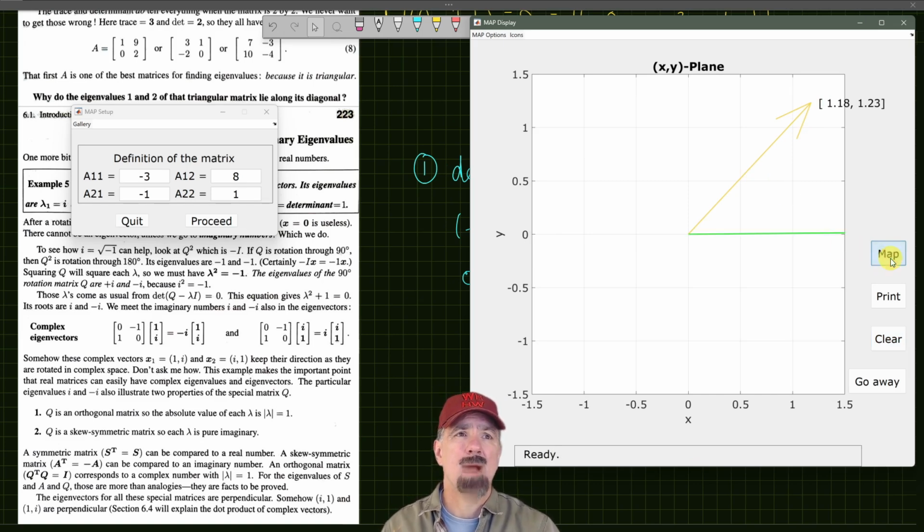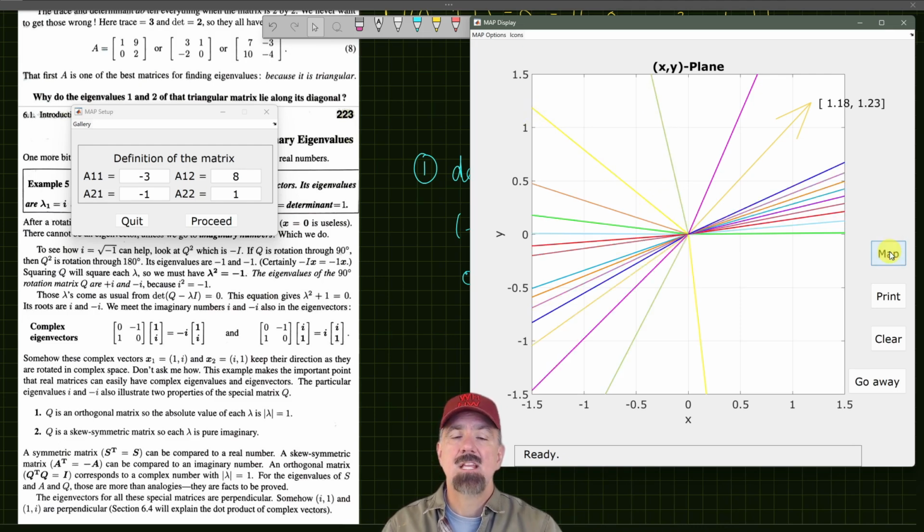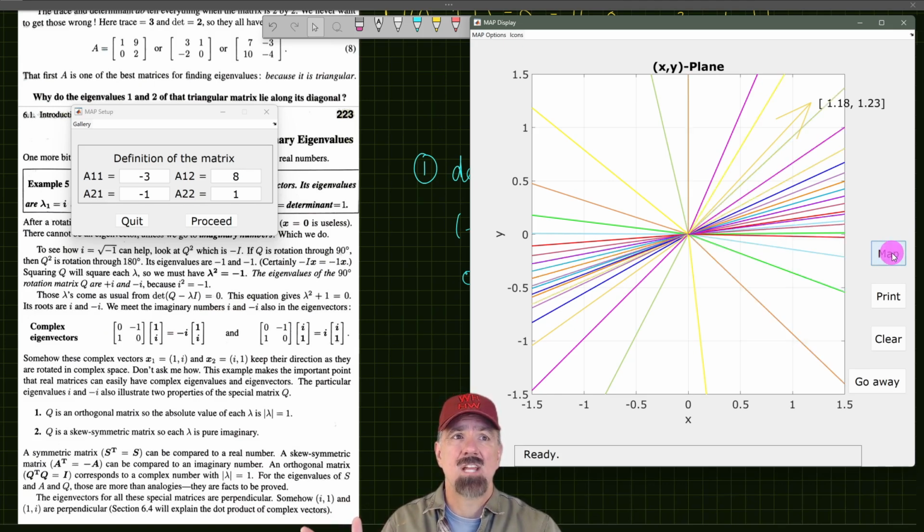Well, when we map, we can see we rotated to the right, and we rotated, and we rotated. We keep rotating around. There is no invariant subspace, not in real numbers. If I continue mapping, we're going to continue rotating around.